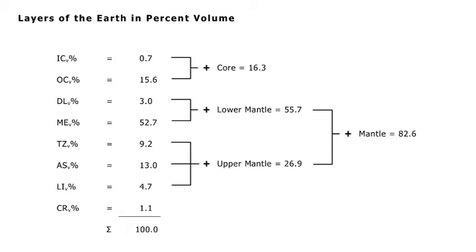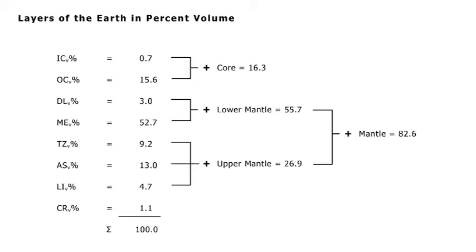That's 26.9%. You add those two together, you get 82.6%. So I've seen other averages that give the volume of the mantle anywhere from 80 to 86% volume, but this 82.6 is probably a lot more accurate of a number.